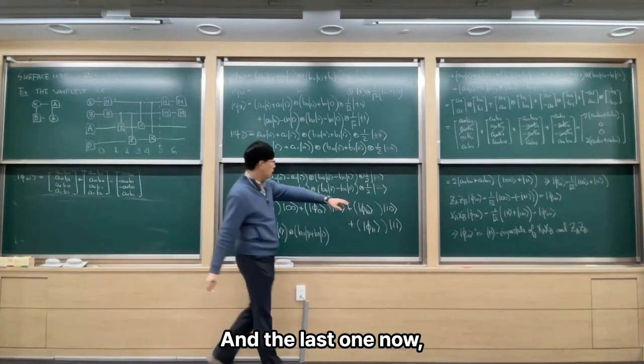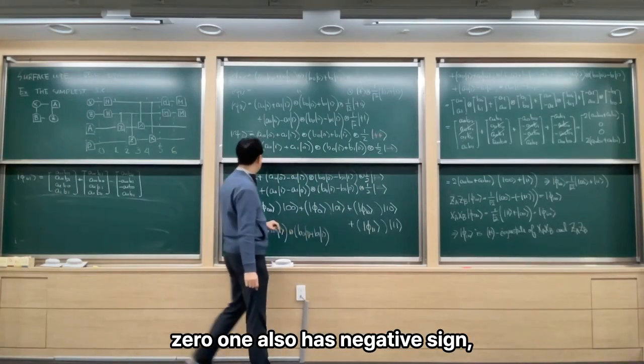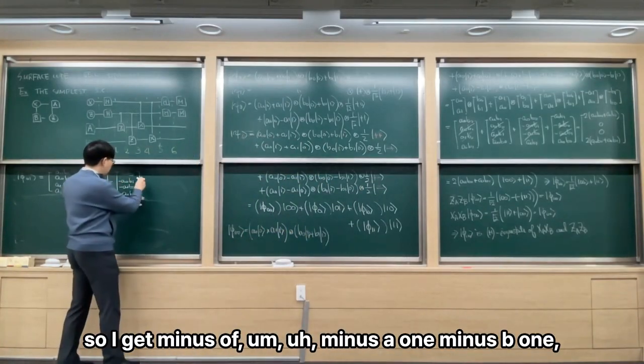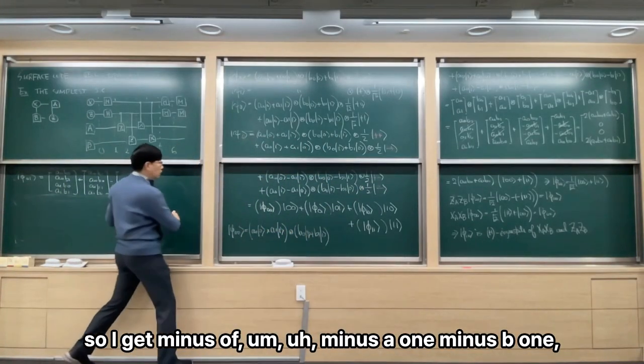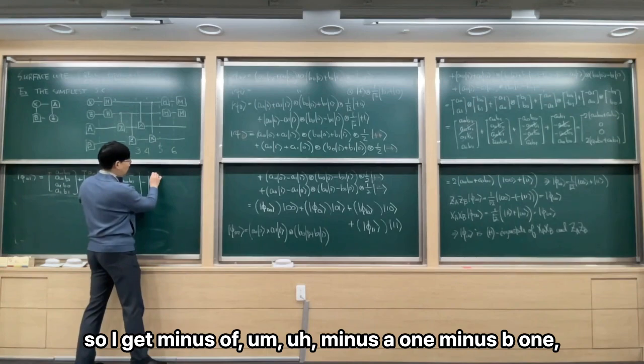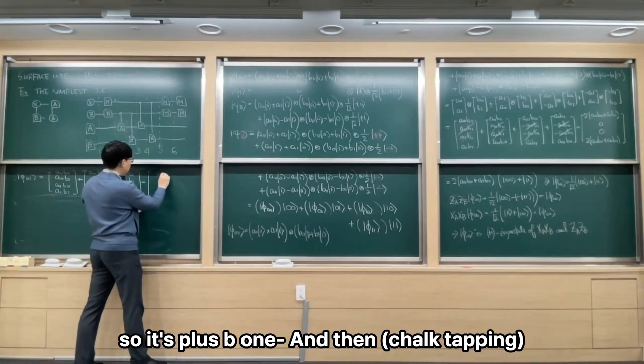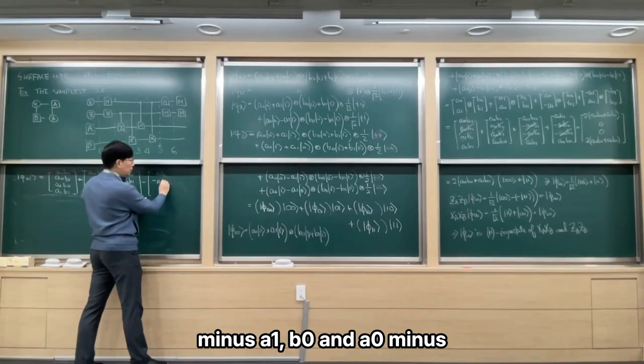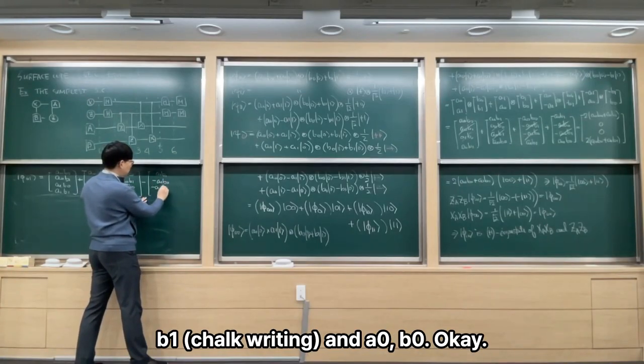And the last one, 0, 1 also has negative sign, so I get minus of minus A1, minus B1, so it's plus B1, and then minus A1 B0 and A0 minus B1 and A0 B0.